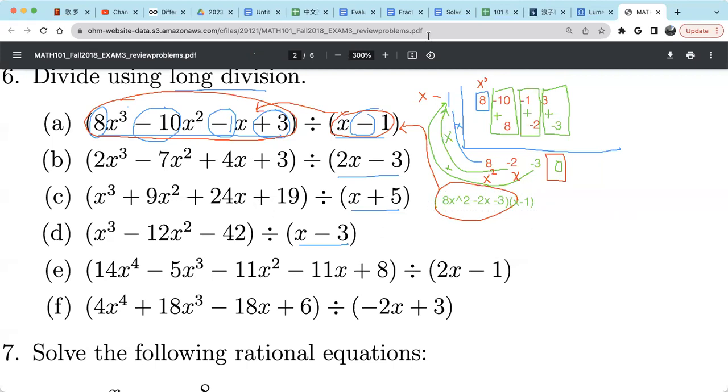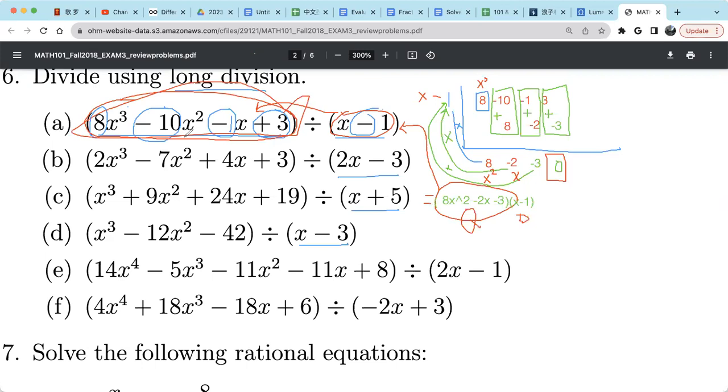So the dividend equals the quotient multiplied by the divisor. Which means the dividend can be factored as 2 factors.